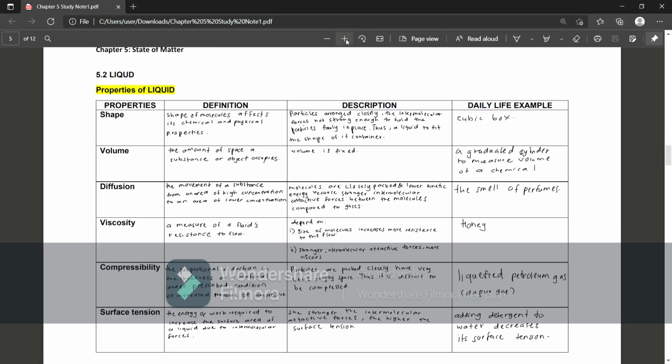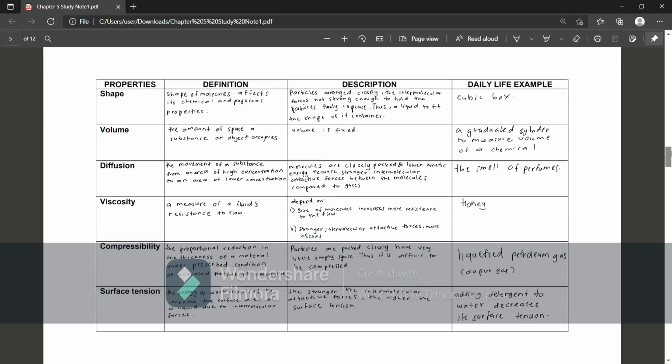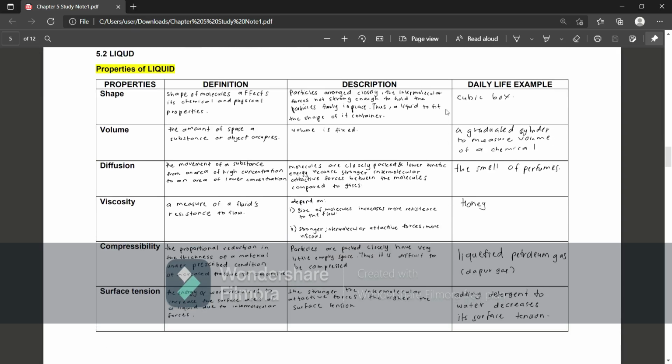For properties of liquid, the shape of molecules affects its chemical and physical properties. The description is particles arranged closely, and the intermolecular forces are not strong enough to hold the particles firmly in place, thus the liquid fits the shape of its container.